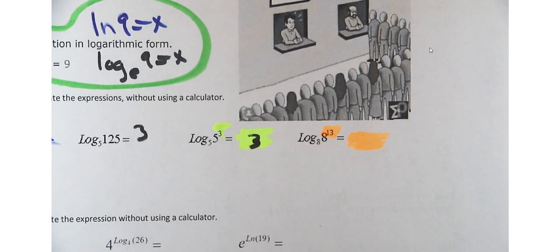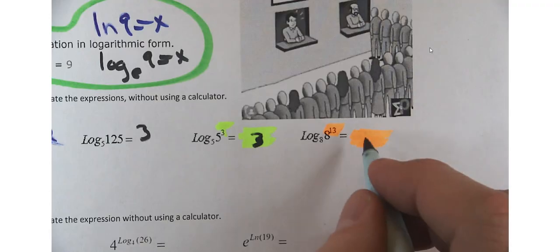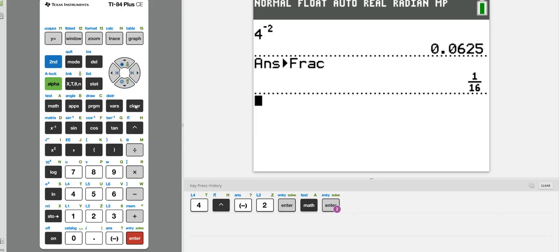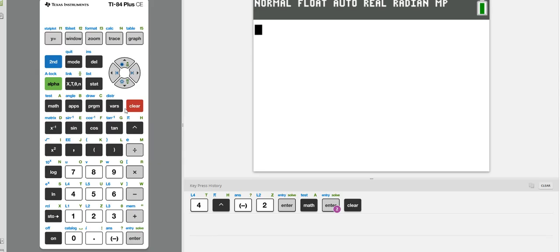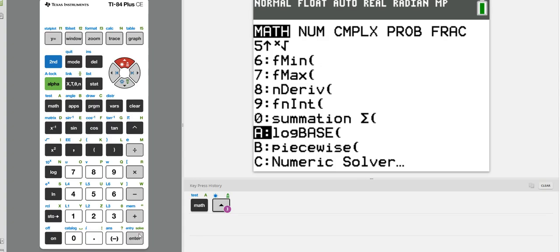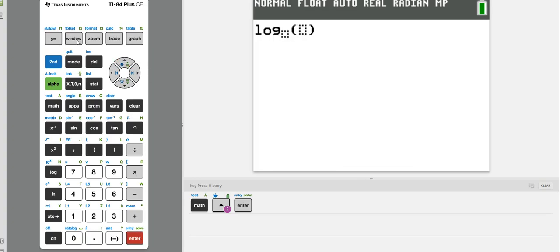What's log base 8 of 8 to the 13th power going to be? We could actually do that one out on our calculators if you're not so sure. There's nothing wrong with that, but the idea is really to do this without your calculators. Let's go back to the math menu to find our log of any base. That was math and then option A. I think there's another way to get to it off of either the Windows menu or the format menu.